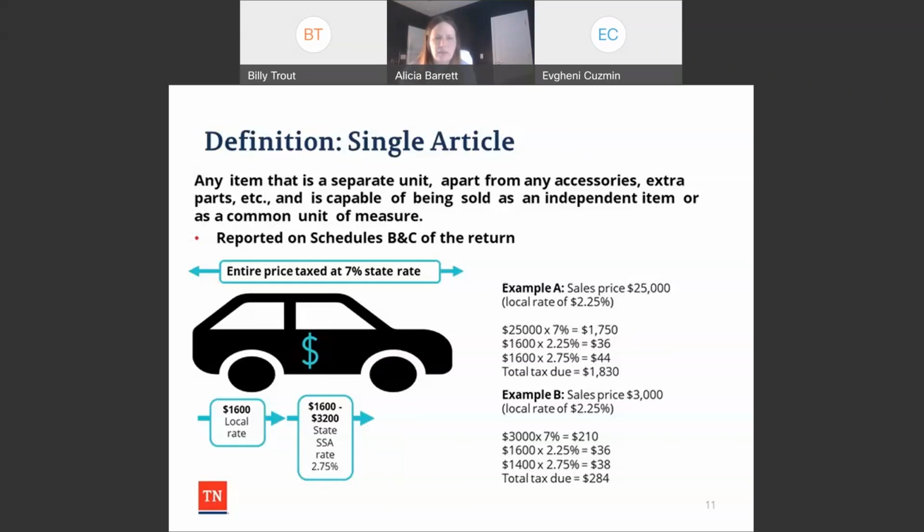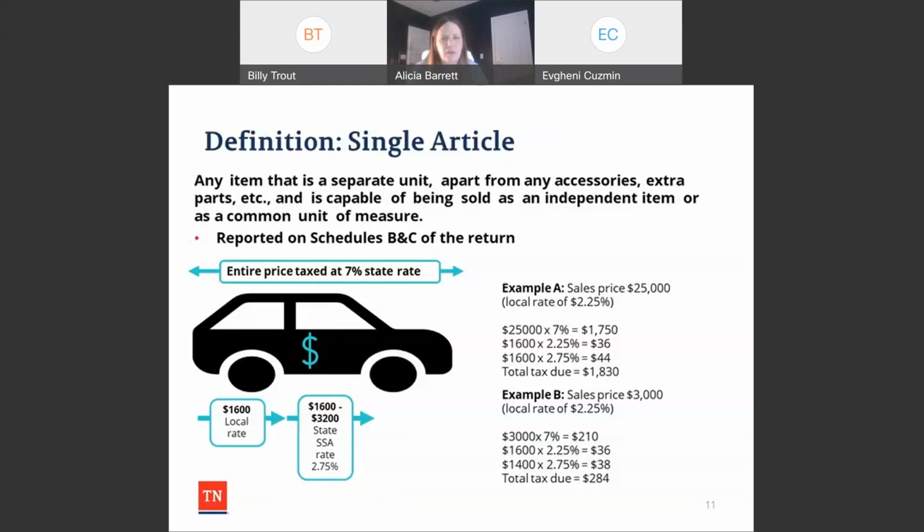The second 1,600 is going to have the state single article rate applied to it of the 2.75%. If it does not come up to 3,200, then the sales price is, like in example B, the sales price was 3,000.